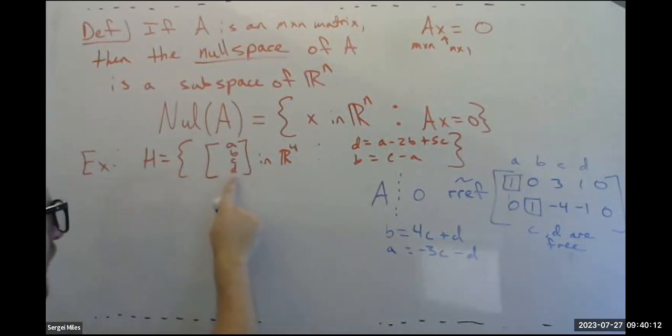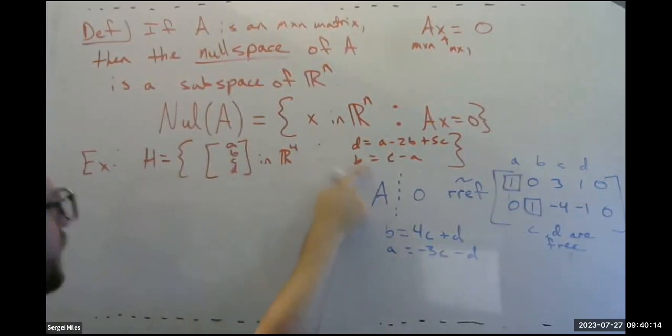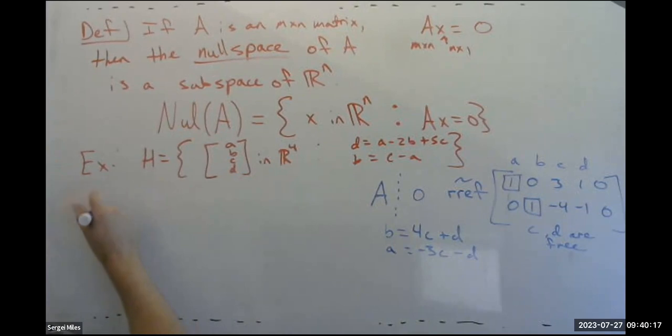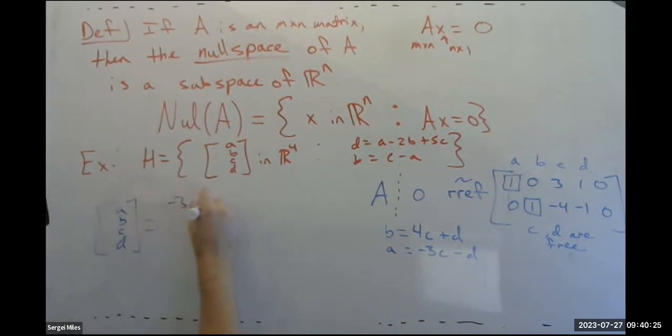H is the set of these vectors that make this happen. In other words, H is the set of vectors A, B, C, D, which equals negative 3C minus D, 4C plus D, C and D, because those are the free variables.